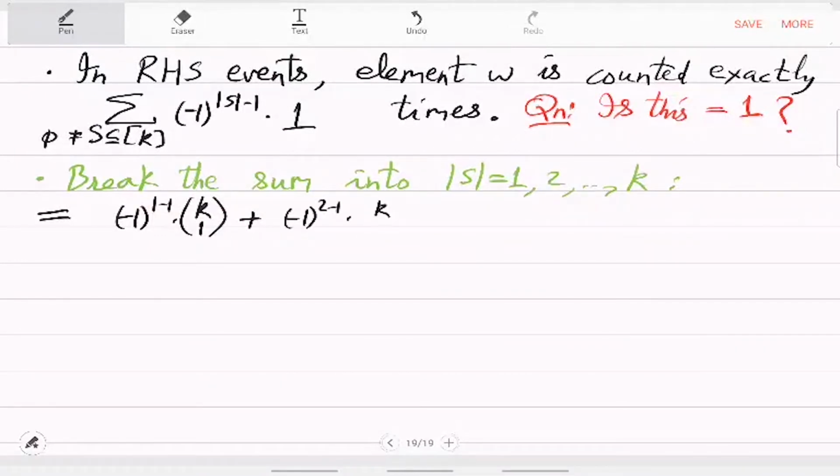And this goes on till size S equal to K, in which case you have sign (-1)^(K-1) and K choose K contributions. Right, so what is this expression?